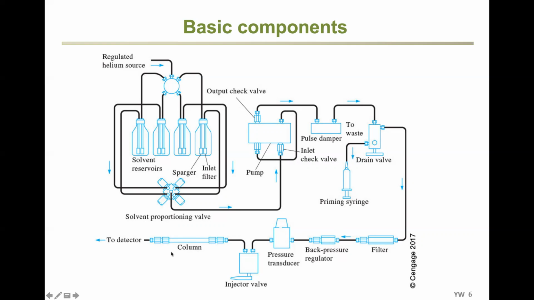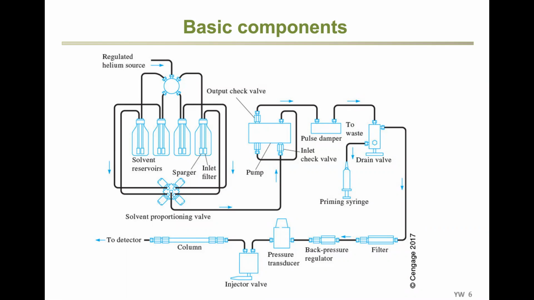And you can see that before the column, we have a huge system here, which involves the solvent system. In this case, you can see that we have 4 solvent reservoirs, right? Which means that when you're doing the elution process, based on what type of analyte you're dealing with, you can change the component of the solvent.